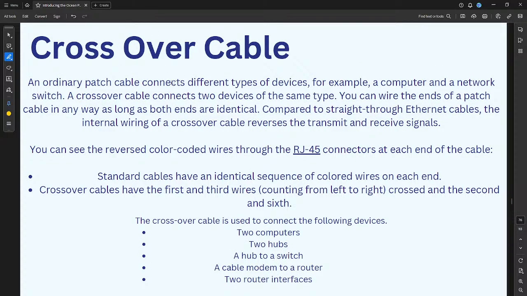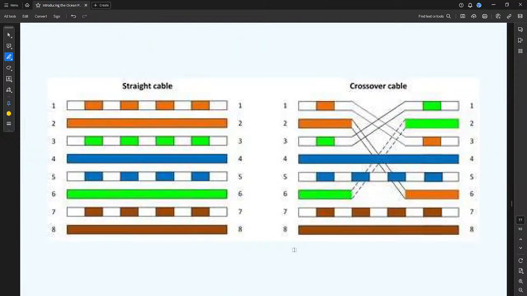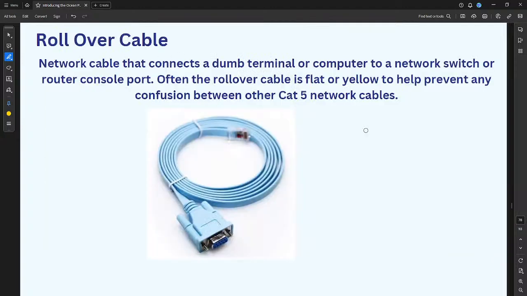So when we're using the crossover cable, you can see we use it with the RJ45. We're connecting the same devices: two computers, two hubs, or a hub to a switch, or a cable to a modem, or two router interfaces. So this is just a graphical representation of a straight cable, and then the crossover cable as well.